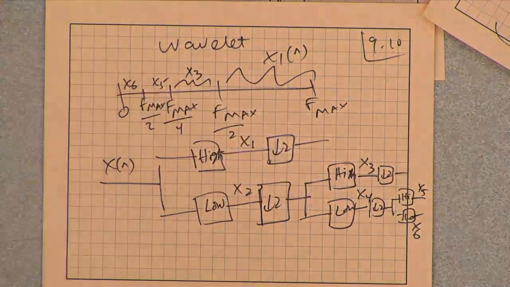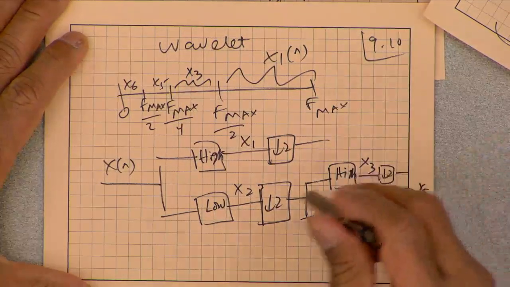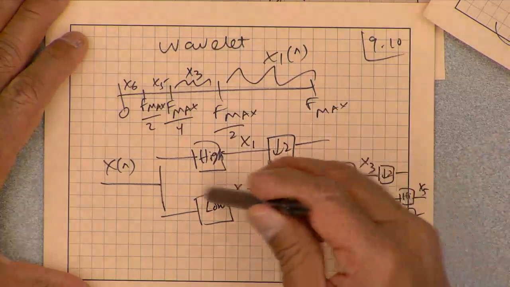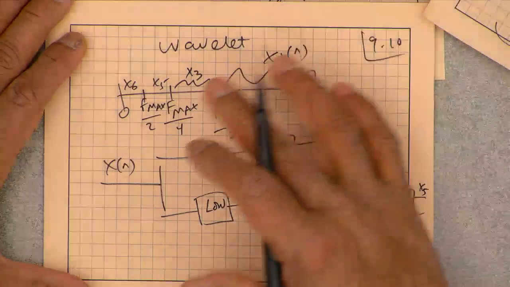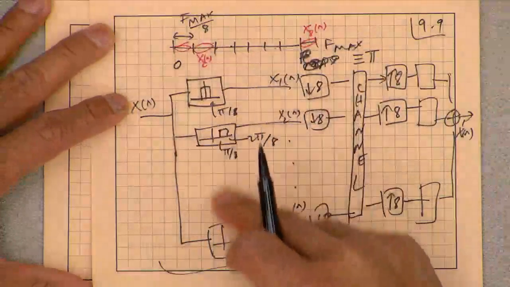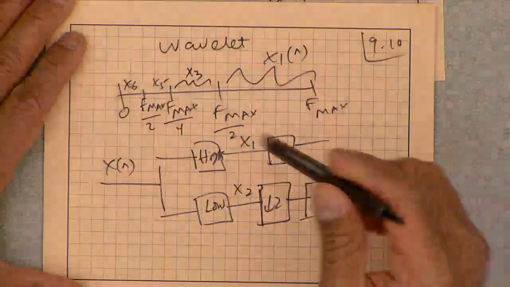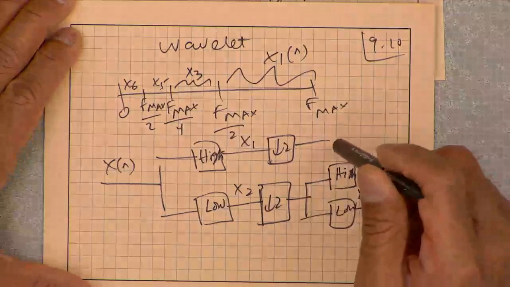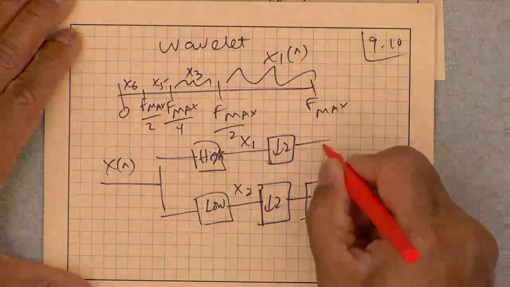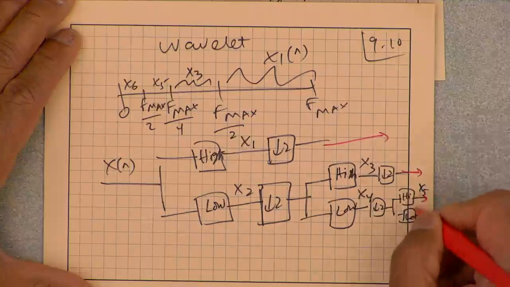So the idea is by having, in this case, 1, 2, 3 levels of decomposition. If I had a full tree decomposition with 3 levels, I would get 2 to the power 3, or 8 levels of subband coding. But instead, using 3 levels, finally I get 4 signals. So this is 1, 2, 3, 4. Okay, there will be downsamplers here.